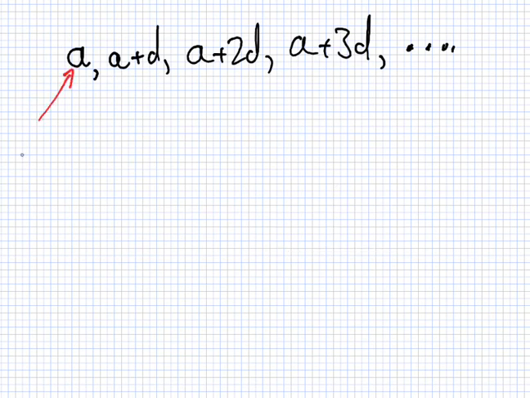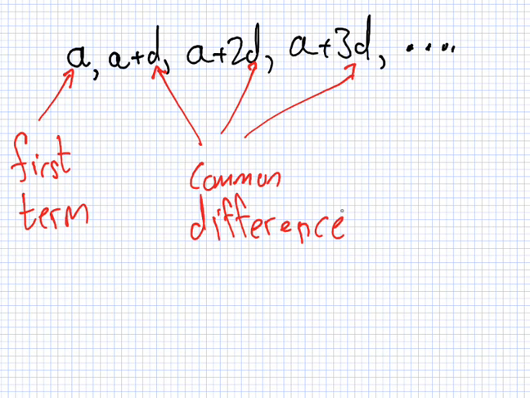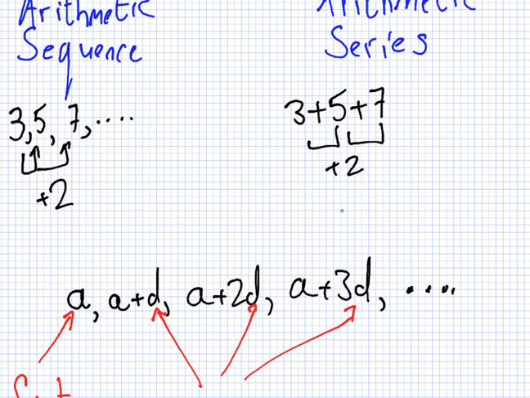This A is called the first term, and the D, which we add each time, is called the common difference. So in the only example I gave you today, what is the common difference? Well, that's 2. And what's the first term? 3.